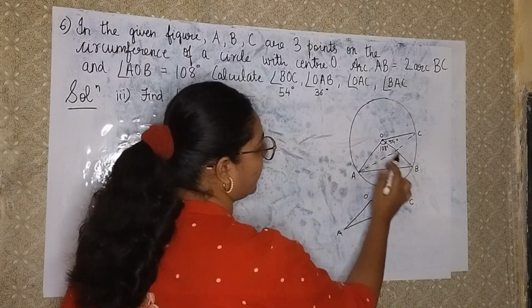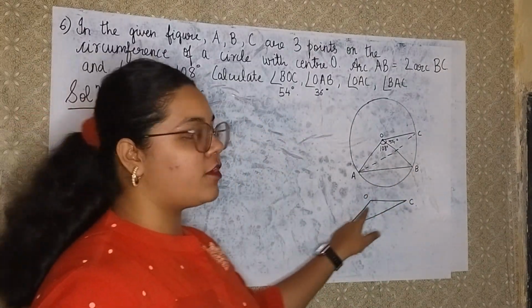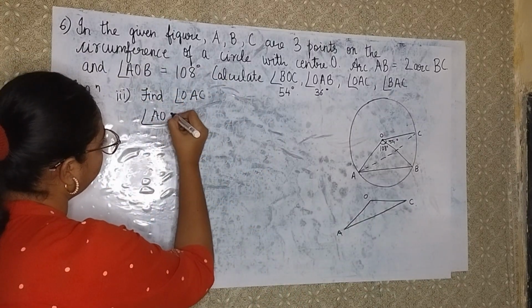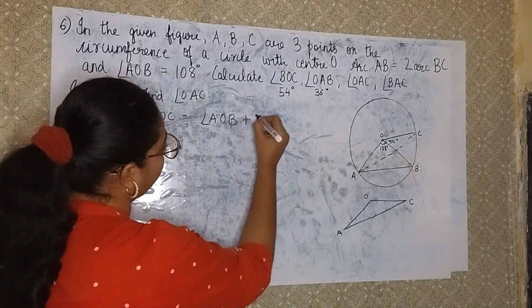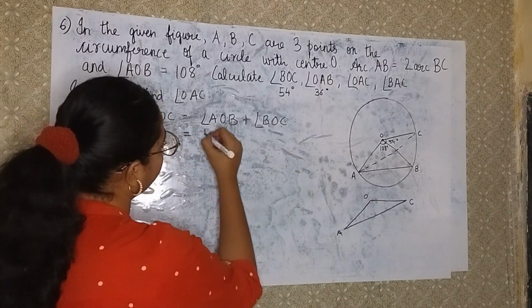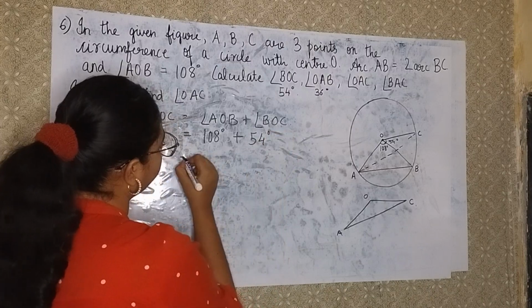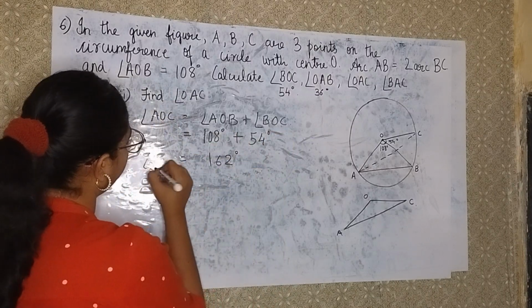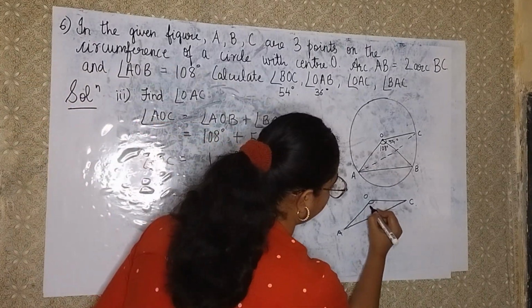So first we'll find angle AOC. Angle AOC equal to angle AOB plus angle BOC, that is 108 plus 54 degrees. This becomes 162 degrees.